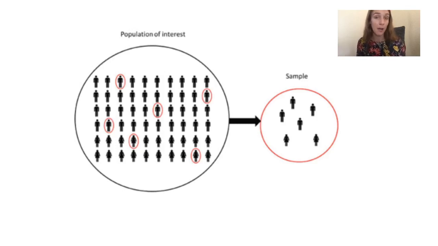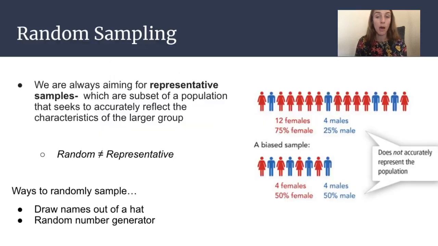We can just grab some people and have them take part in our study. But sometimes we want to be a little bit more careful than that. And most importantly, we want our sample to be representative of the population that we are polling from.